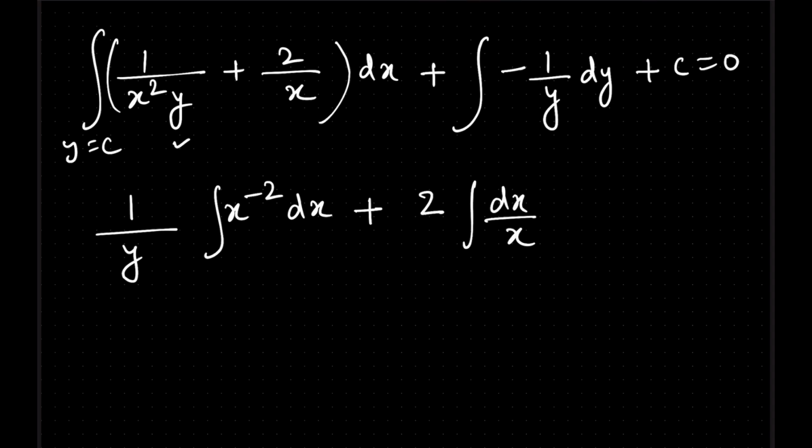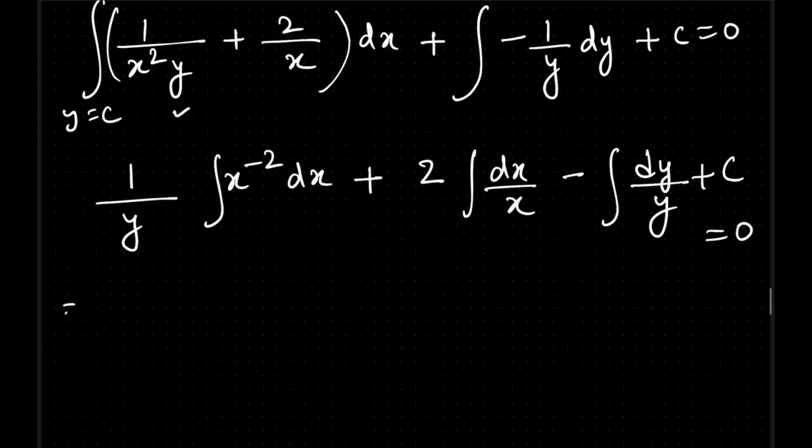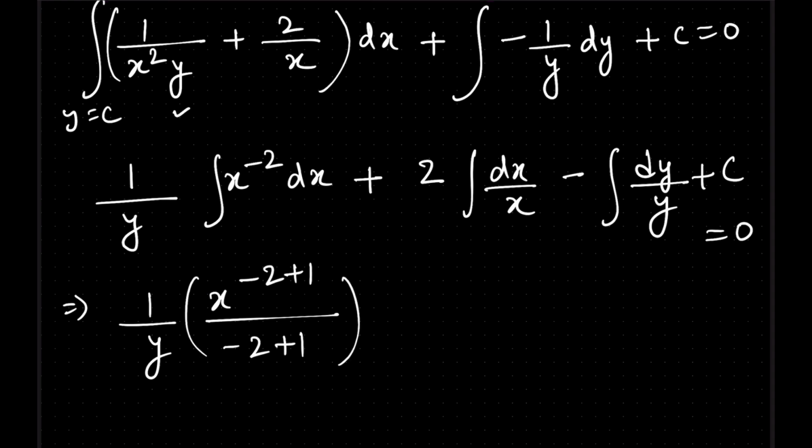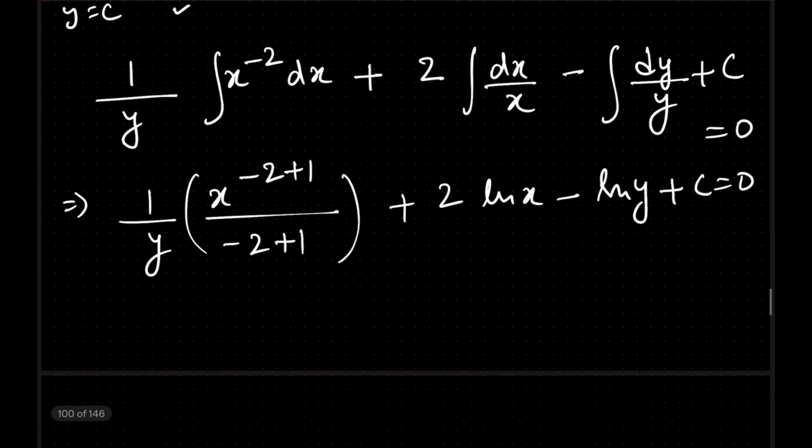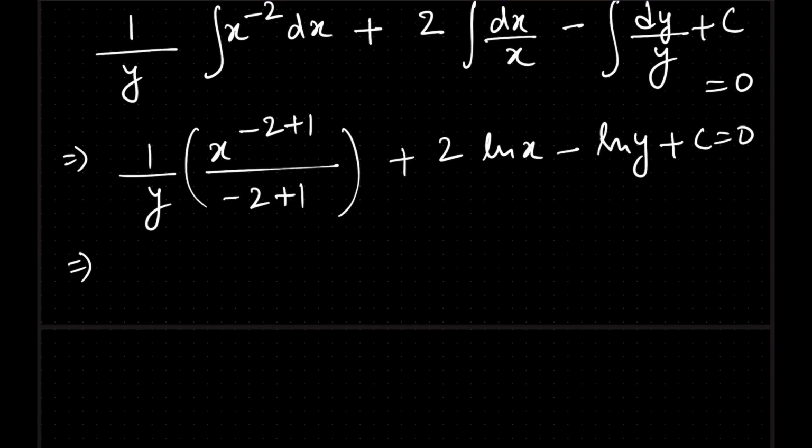So 2 dx by x minus dy by y plus c equal to 0. So here 1 by y, easily you can integrate it, minus 2 plus 1 using the integrating formula, plus 2. You will know that the integration of dx by x is ln x, and again you will have ln y plus c equal to 0.